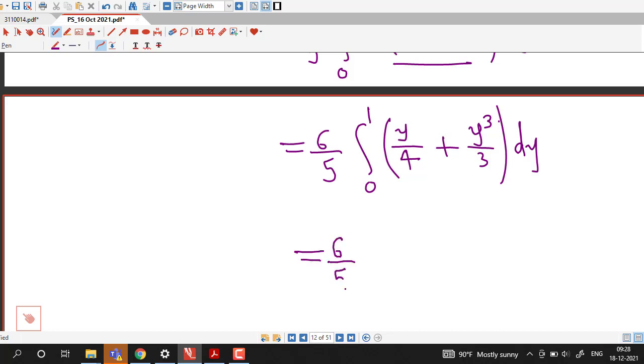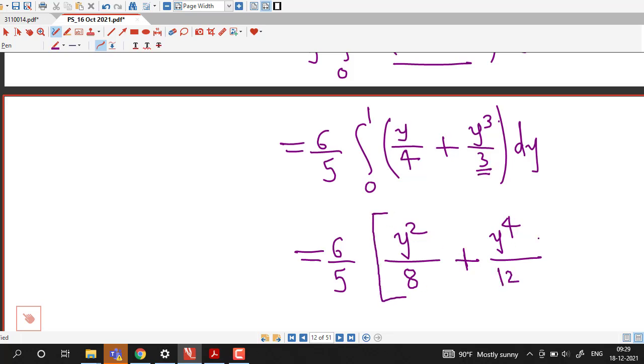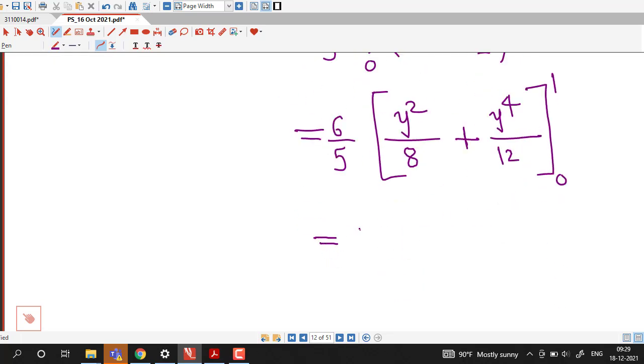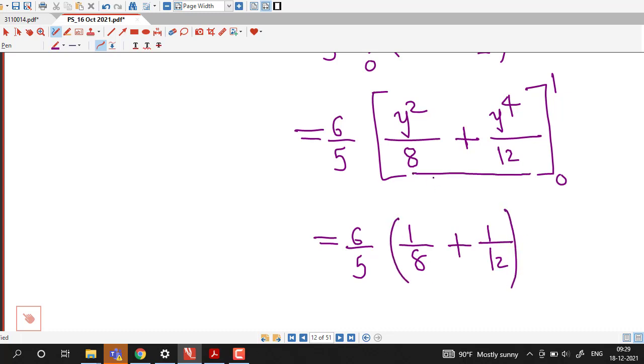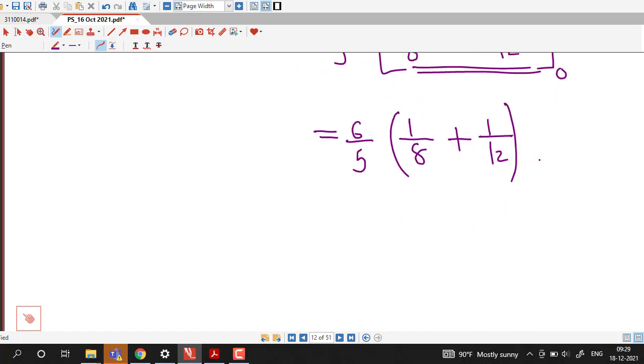This is equal to 6/5. The integral of y is y squared by 2, and with the 4 that gives 8. The integral of y cubed is y to the 4 by 4, and with the 3, 3 times 4 is 12. The limits of y are from 0 to 1. First we take the upper limit y equal to 1, so we obtain 1/8 plus 1/12. The lower limit is 0, so that term becomes 0 when we put y equal to 0.